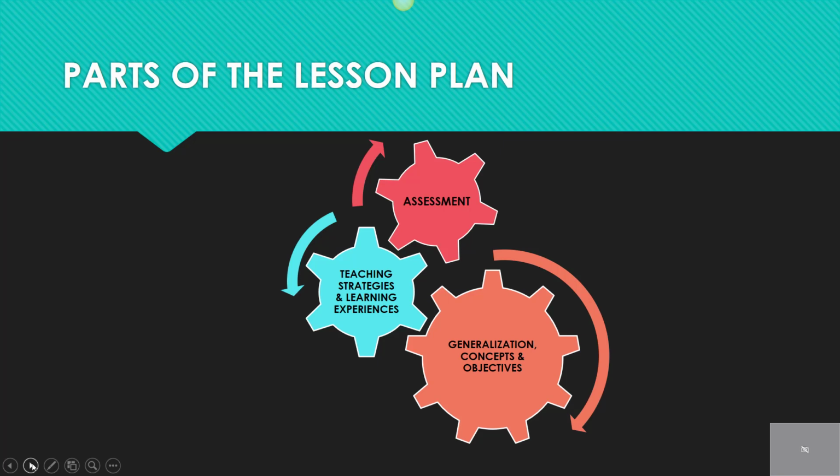When you look at your lesson plan in its entirety, you should see that your objectives fit in with the generalization, that the teaching strategies are appropriate based on the objectives that you have, and that your assessment is testing whether or not the students understand or have met those objectives, or the extent to which they have been met.